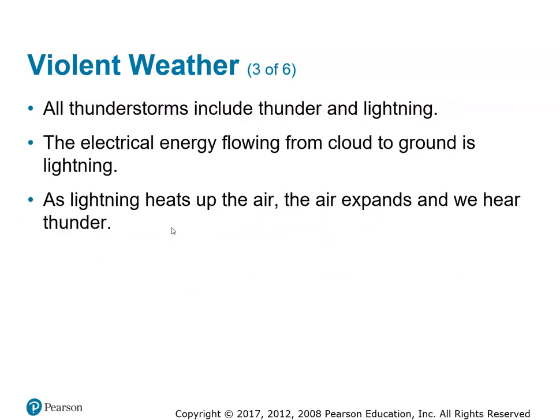One of the things that happens is there's charge separation. The bottom of the cloud will be negatively charged, and the top of the cloud will tend to be positively charged. Sometimes the charge at the bottom of the cloud will strike the ground, and of course that's the lightning.